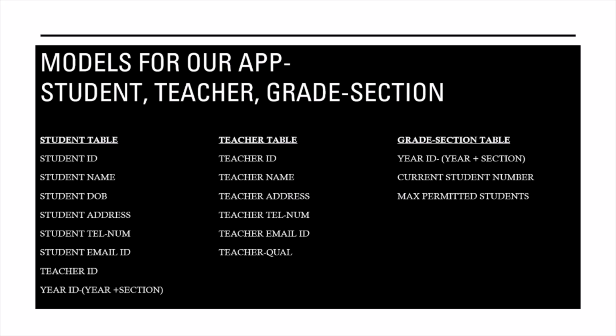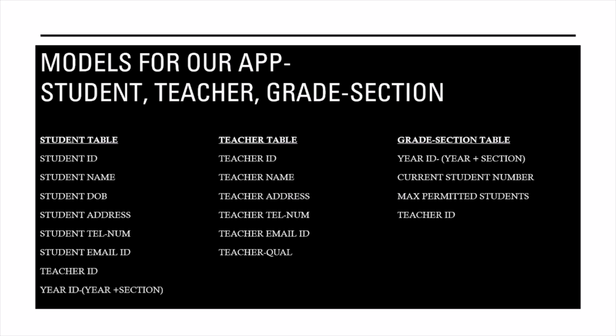So we've related now the student table and the grade section table. Now let's talk about the teacher table and the grade section table. And here you can think of a teacher being in charge of many students within the grade or within the year and section. And therefore, we will put the teacher ID into the grade section table. So I hope that's clear.